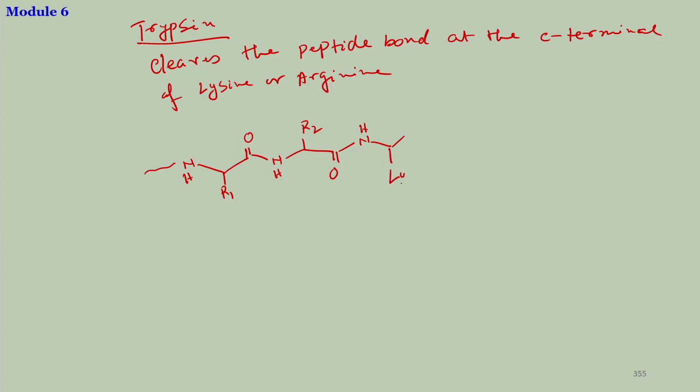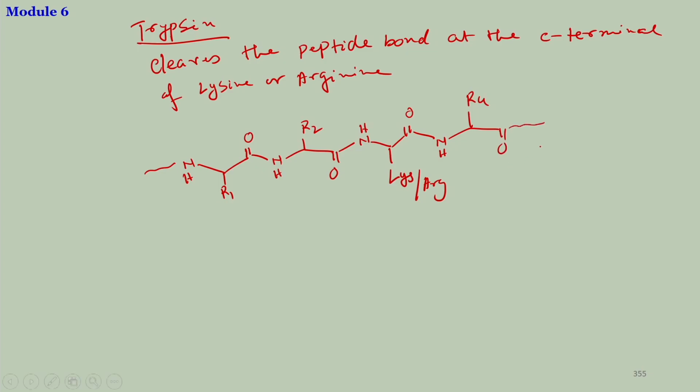If you have a lysine here or an arginine here, then comes CO, NH, R1, R2, so this is R3, so I will write R4 here, and so on, it goes on.